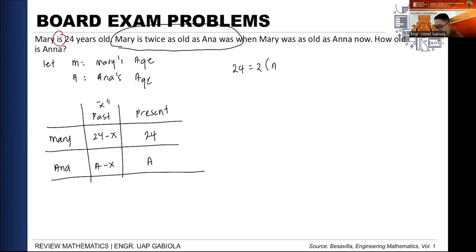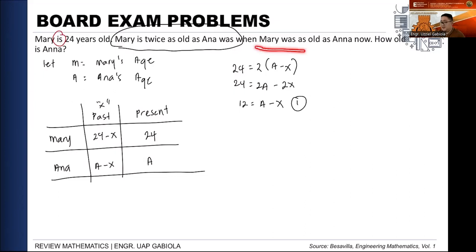Okay? The next statement natin is, okay, simplify muna natin. 24 is equals to 2A minus 2x. Pwede natin i-divide by 2 all side. So 12 is equals to A minus x. So equation 1 natin yan. Next natin is when Mary was, no?